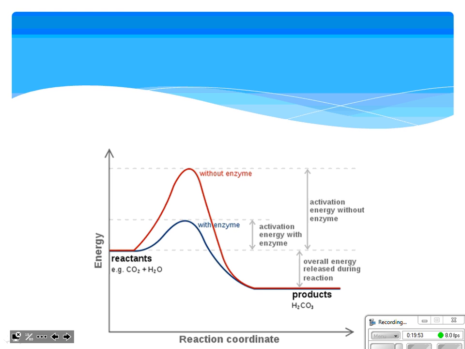All right, now that you have it copied down, we have 2 different rates of reactions going on here. The one with the red is without the enzyme. Now, an enzyme is just a biological catalyst. So, the enzyme is a catalyst. Without the enzyme, look at the amount of activation energy.